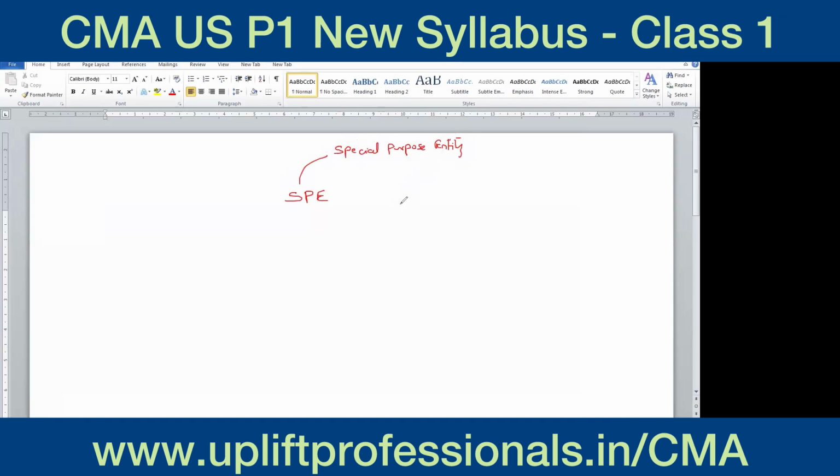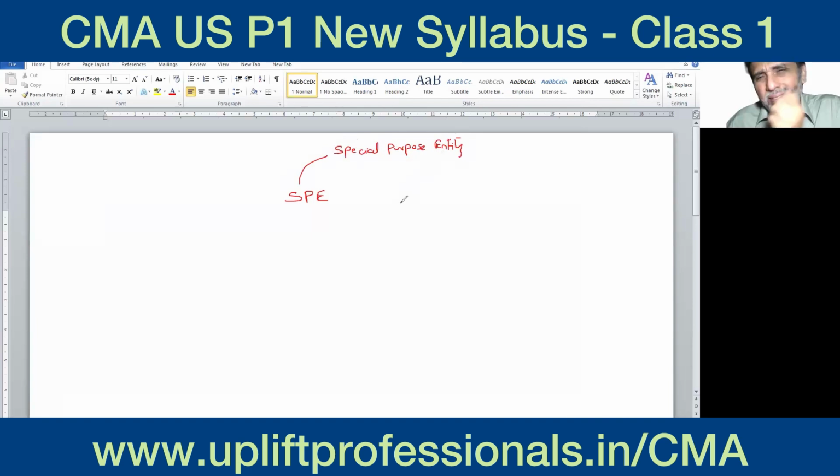Is it same as special purpose vehicle? Yeah, same thing. Another word given to it is variable interest entity. Have you heard about that? VIE, variable interest entity.